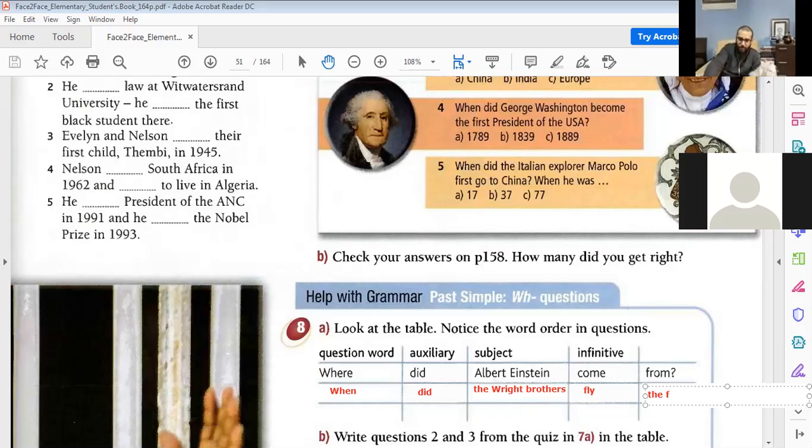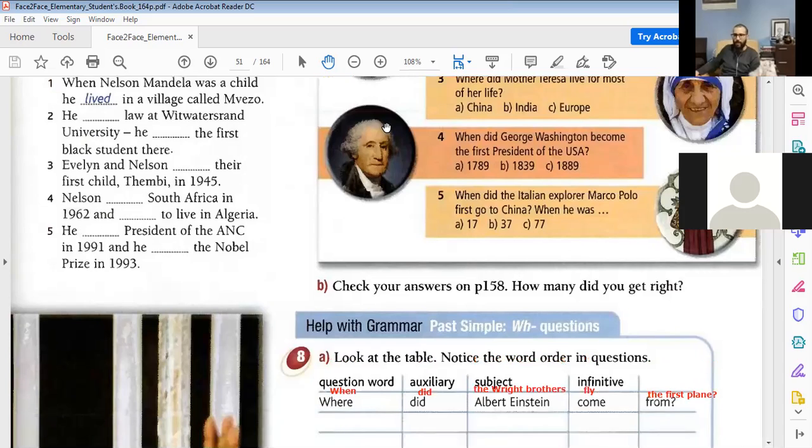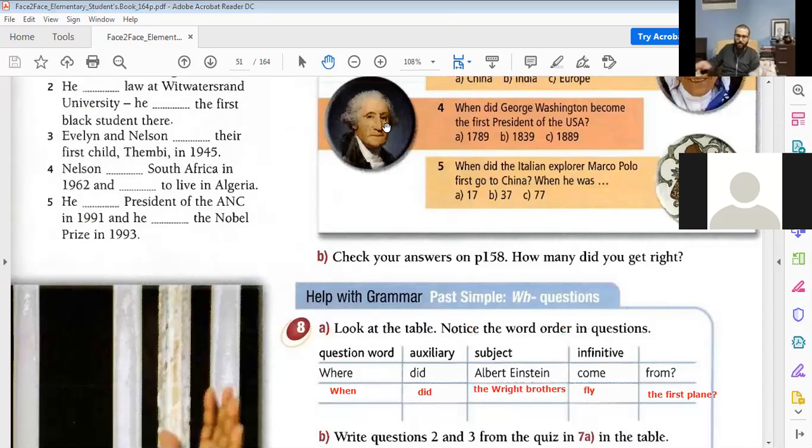Okay, Salsabil, what about question number 3? How can we write it in the table? Question number 3. Okay, question word is where. All right. Where. So the question word is where.